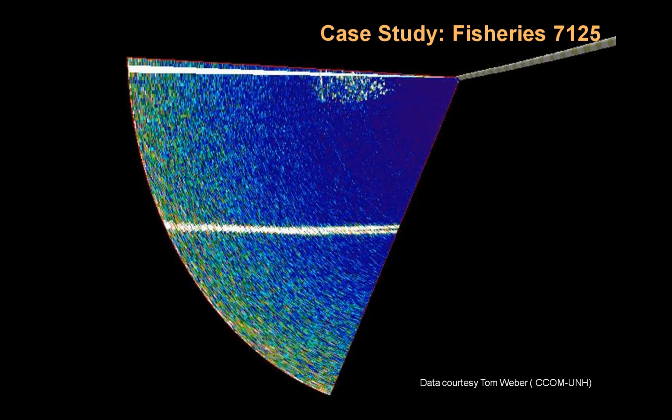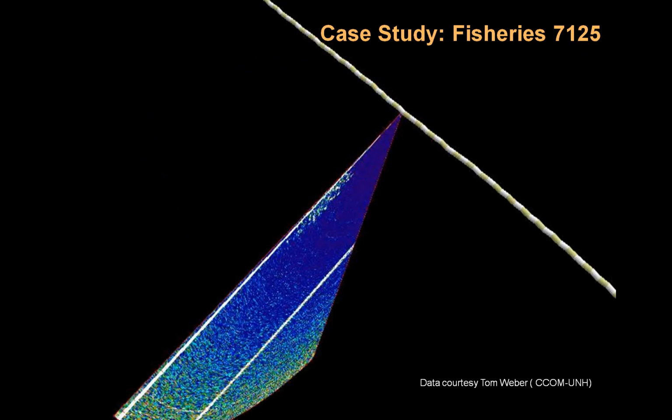This was a case study done by Tom Weber at CCOM UNH where he was using a 7125 pointed out the side of a vessel to follow tuna schools. And this is different aspect views of that data, the fan, then the water column.